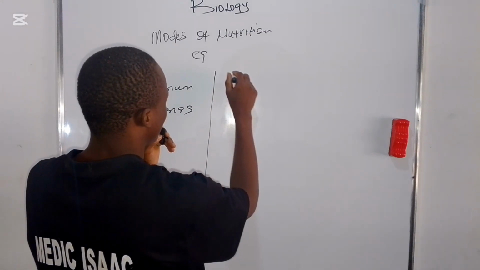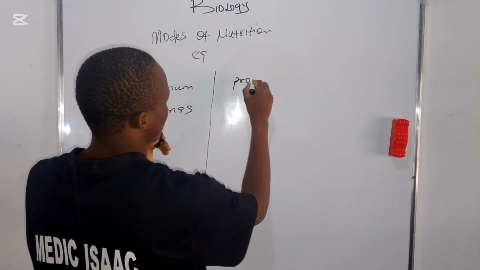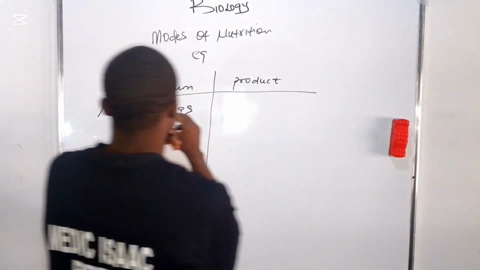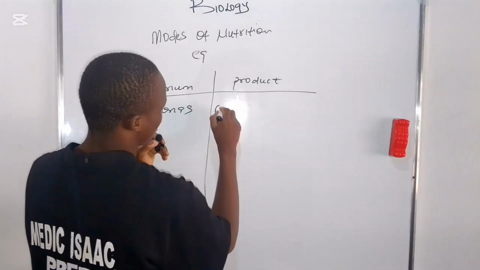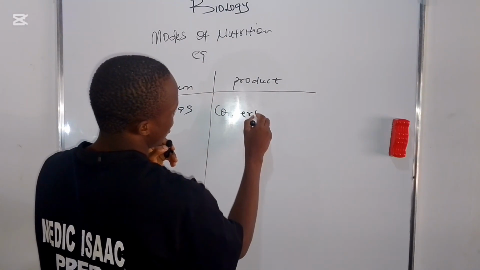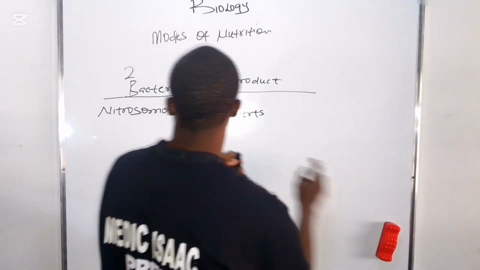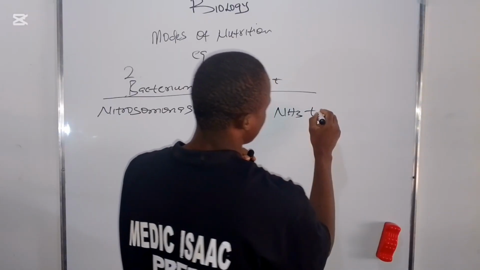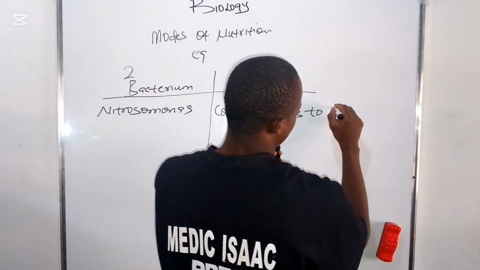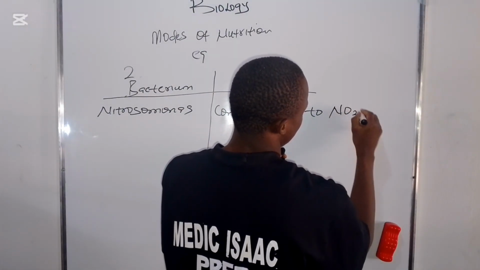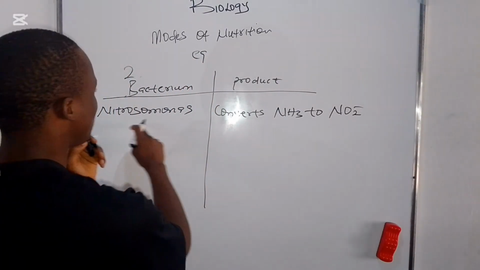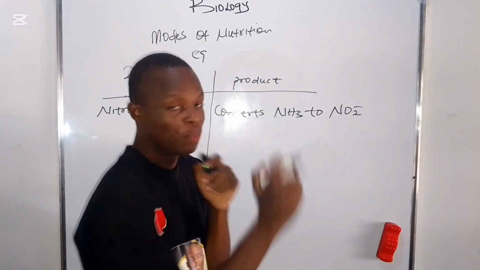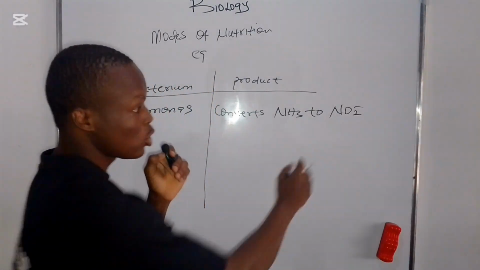This one converts ammonia to what? Nitrite. Please take note. It converts ammonia to nitrite. It's very important. I didn't say nitrate. Okay, so please take note about this because it's confusing.